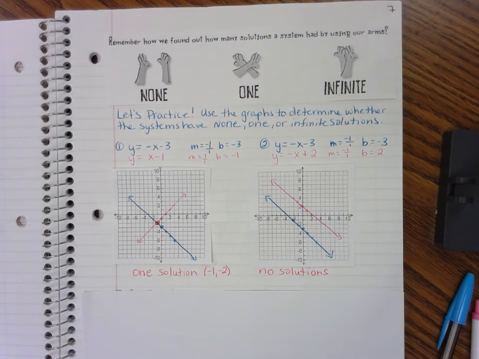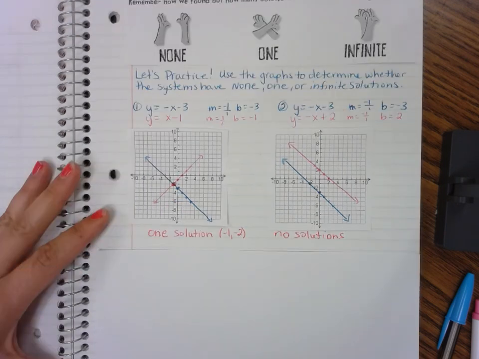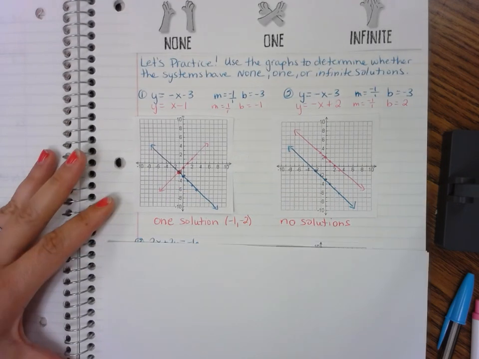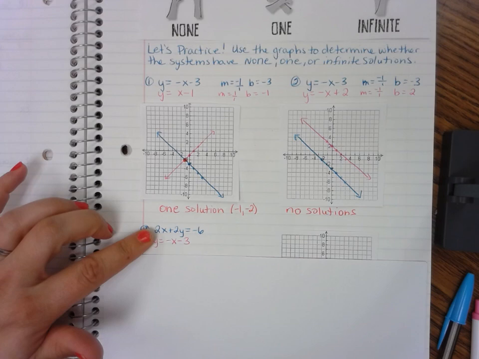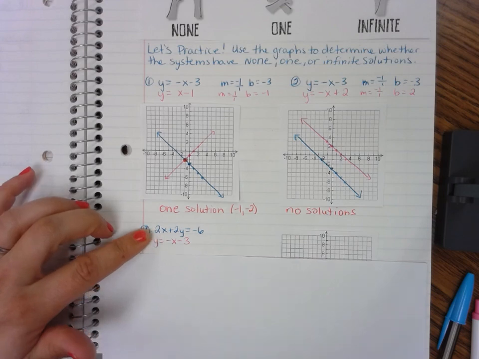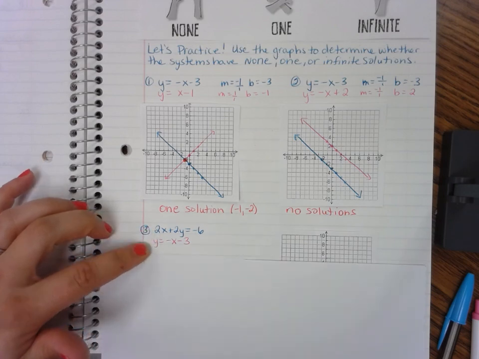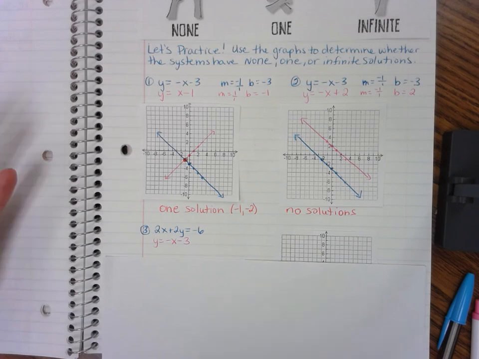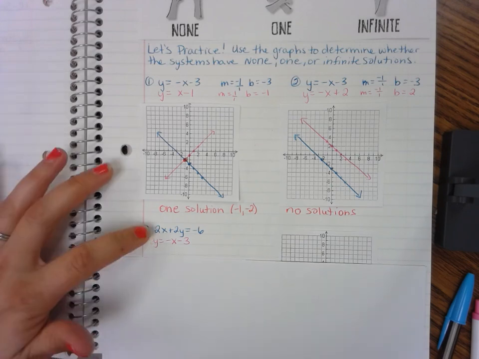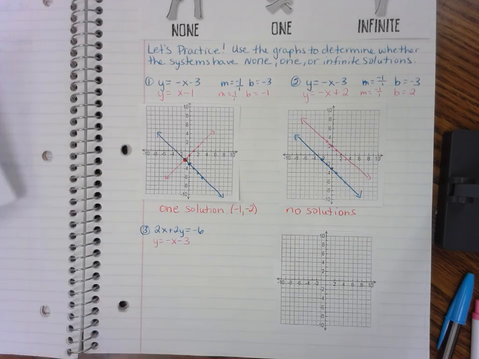Our last example is just a little bit different. This example is where I have one equation that's not in slope-intercept form and one equation that is. Well, we know that in order for us to graph this, it needs to be in y equals mx plus b. So I'm going to do a little bit of manipulation here.